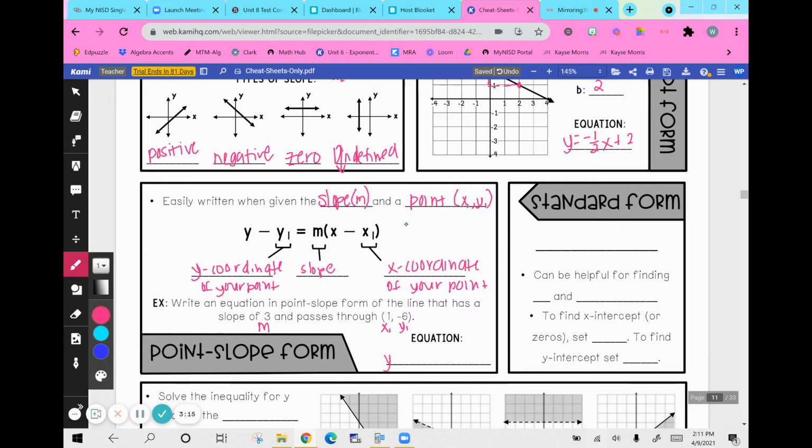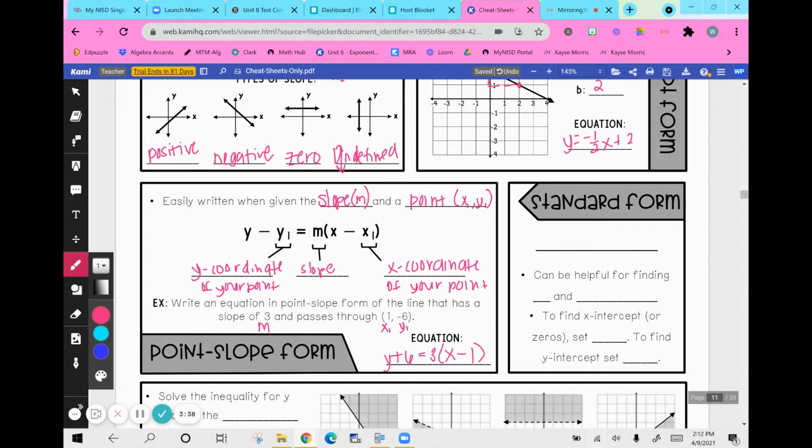So it's y minus y1. When I say minus negative 6, it's going to change it to a positive 6, right? Minus negative changes to a positive. My slope is 3 times x minus x sub 1. Well, x sub 1 is positive 1, so it's just going to be minus 1. Okay, and that's going to be your answer there.